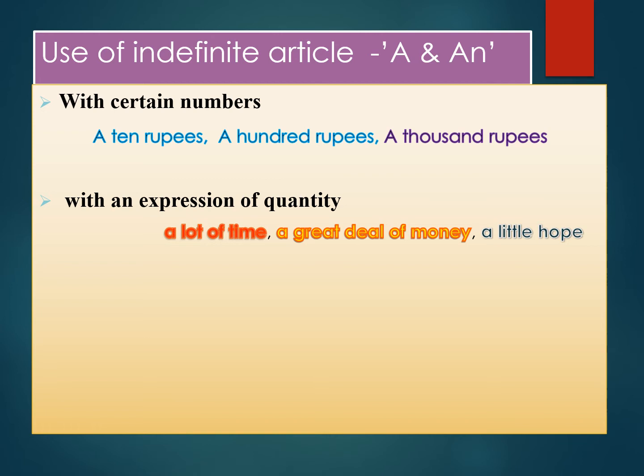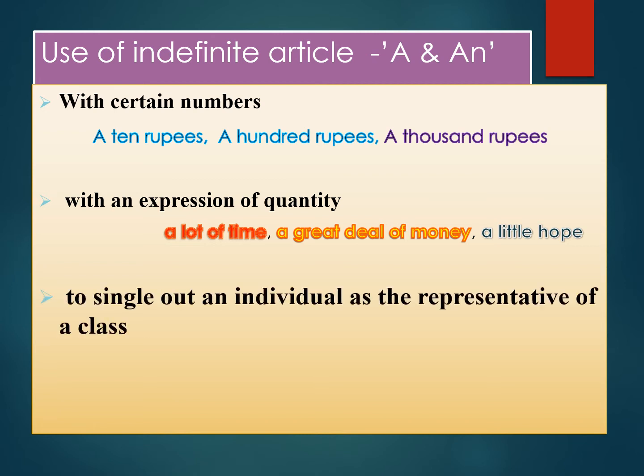Here also we are talking about the quantity of money. So before that indefinite article a is used. Next example, a little hope. Here also we are talking about the quantity of hope. So indefinite article a is used before little hope.